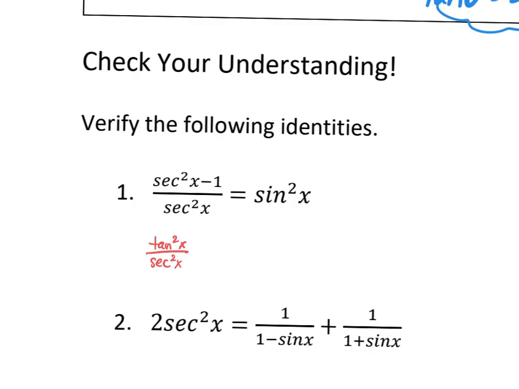Okay, then I used Pythagorean identity. Now I'm going to try and put everything in terms of sine and cosine. So the numerator would be sine squared over cosine squared. And the denominator would be 1 over cosine squared.